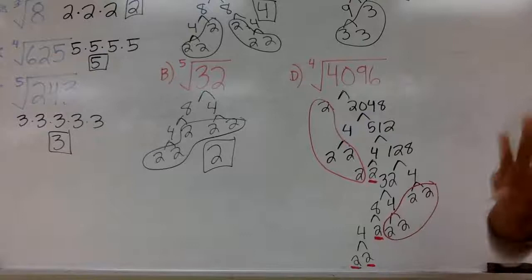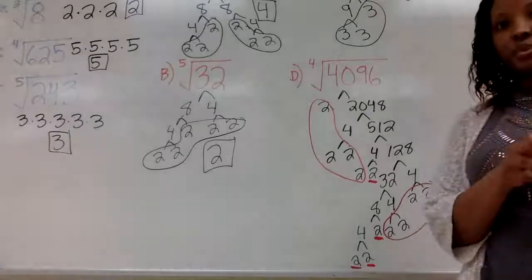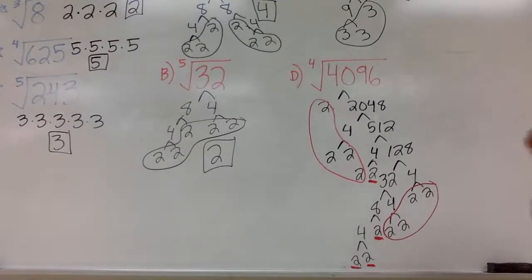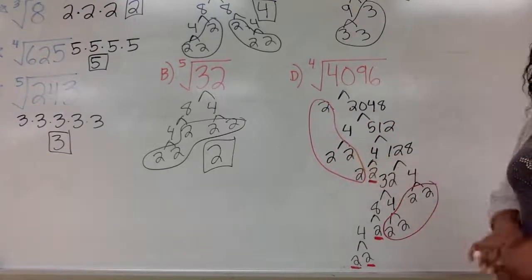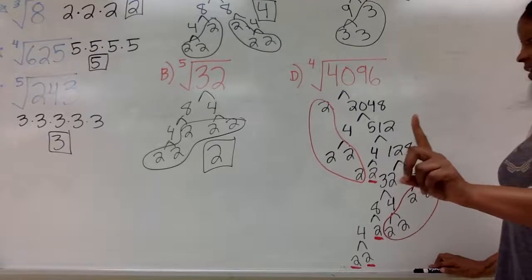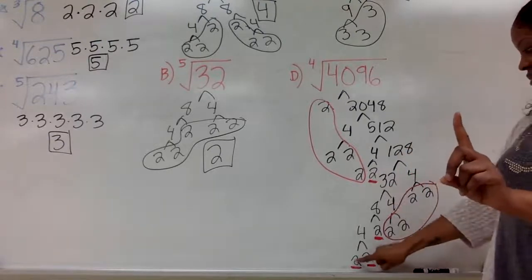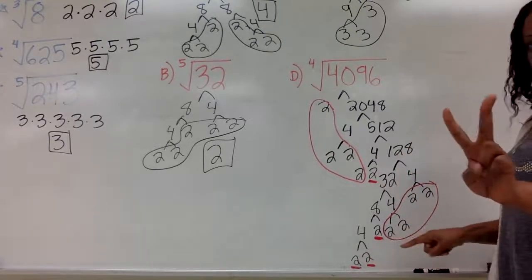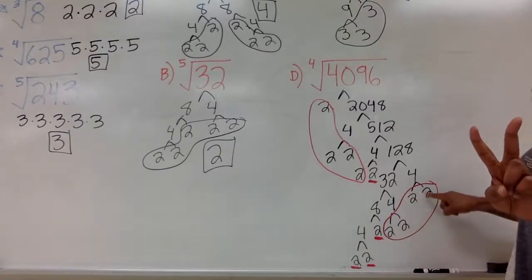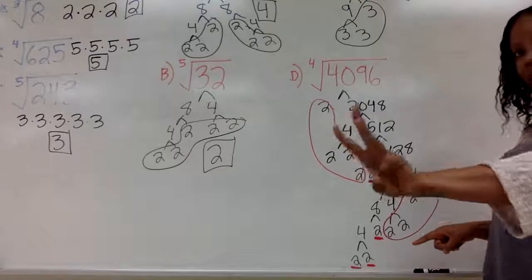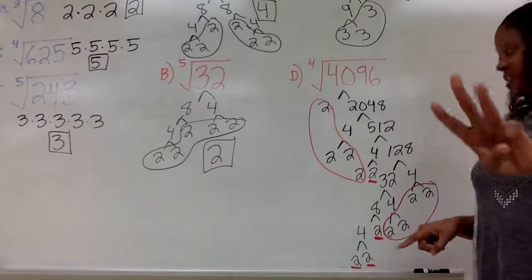Okay. So I have 3 groups of 4. This is a group 1, 2, 3, 4. That counts once. Okay. Then I have 1, 2, 3, 4. That counts twice. And then I have 1, 2, 3, 4. So I have 3. Where's my camera? There I am. I have 3 groups of 4.